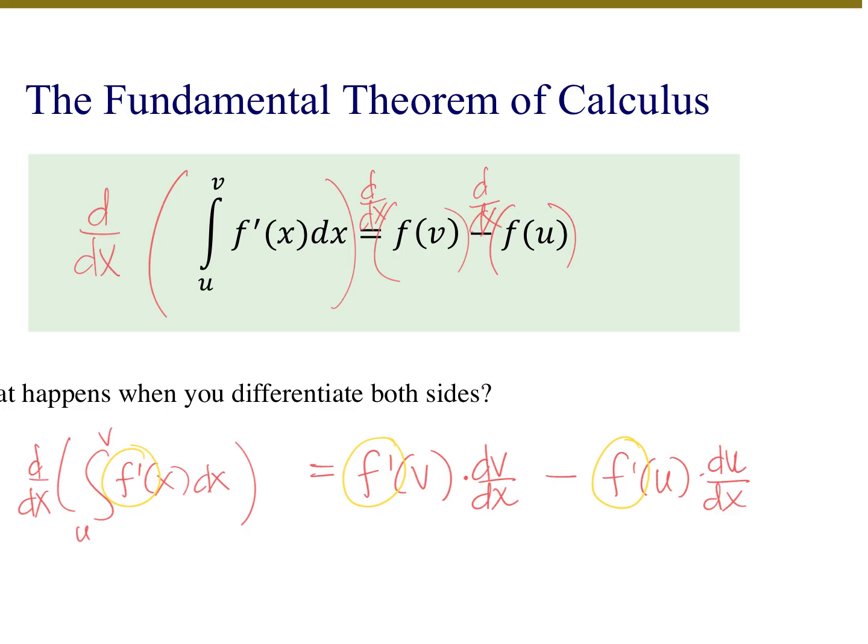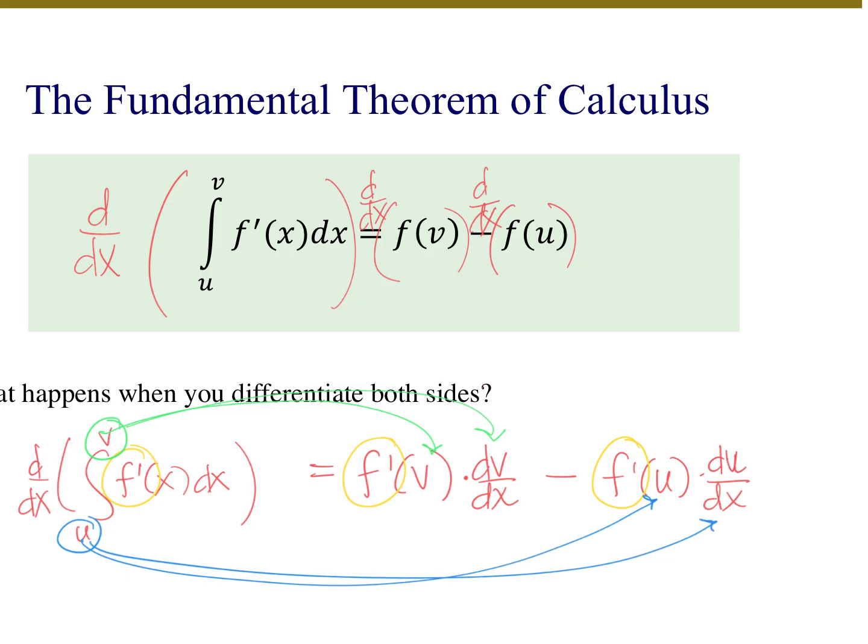And then the upper bounds, the v, shows up plugged in, but its derivative shows up after that as the chain rule. And then the u as your lower bound shows up in the subtraction, but it also shows up in the chain rule.